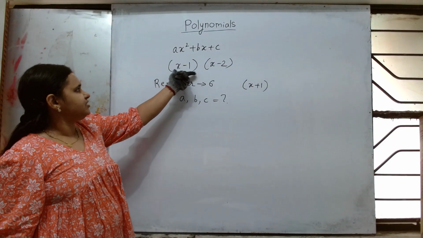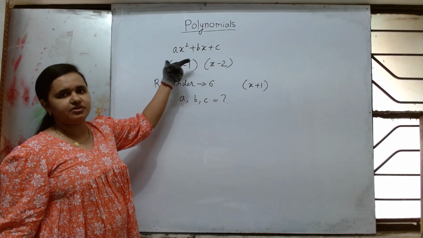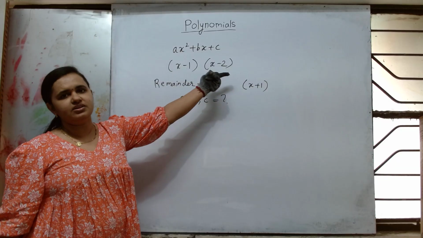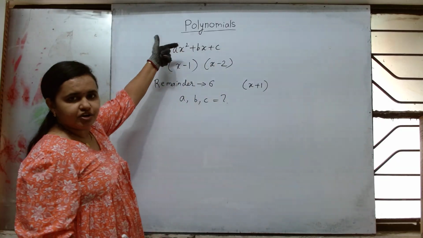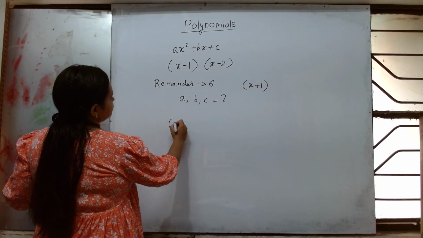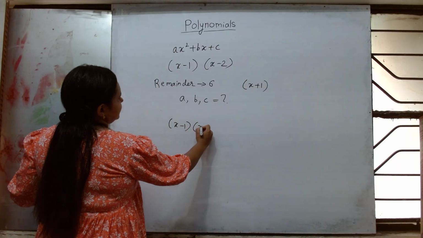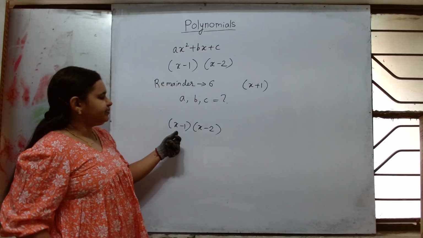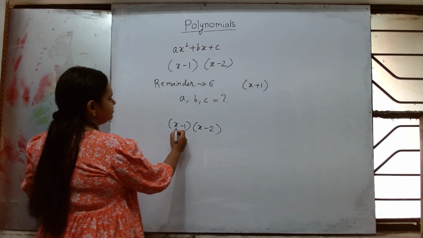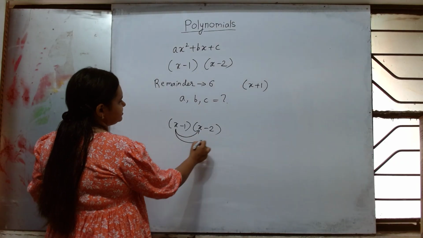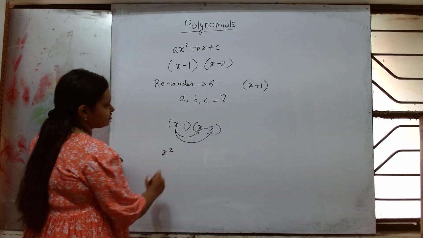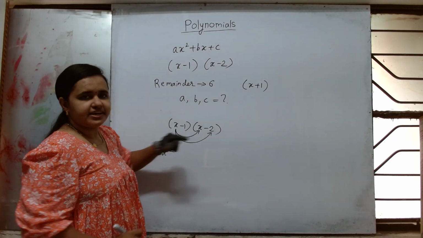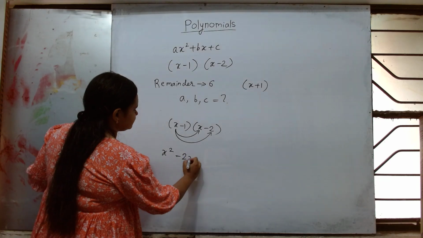We have got the factors of this ax square plus bx plus c. Factors of these are x minus 1 and x minus 2. If we solve this, we can get the values of a, b and c. Multiply first term with first term, then first term with second term. It will be x into x is x square. First term with second term, it is minus 2x.